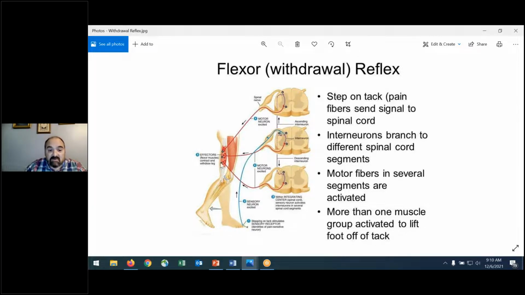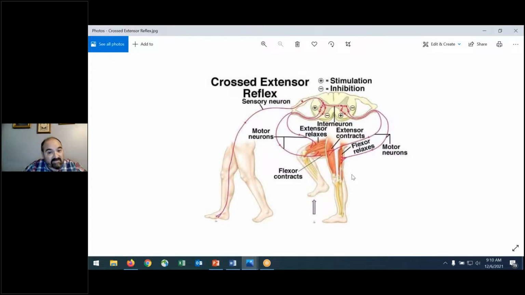So on the same leg, these muscles will be stimulated and these muscles will be inhibited. But then go to the opposite leg, the left leg. There, the extensors will be contracted and the flexors will be inhibited. That's stabilizing you, and that's the image we were just looking at. Contralateral refers to the opposite lower extremity; ipsilateral refers to the same lower extremity.